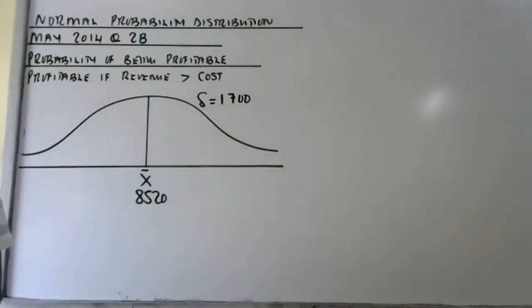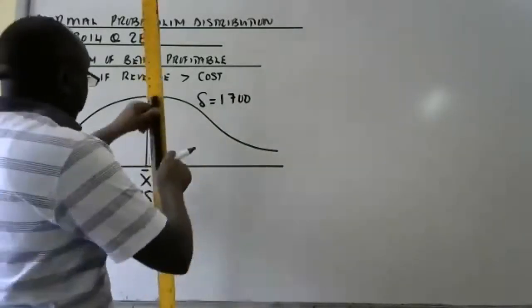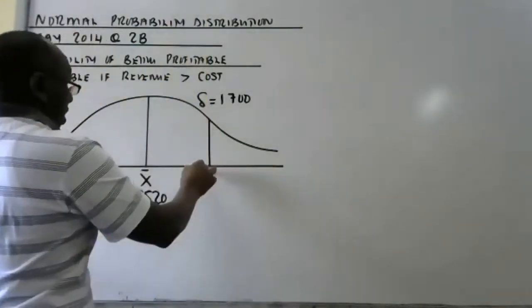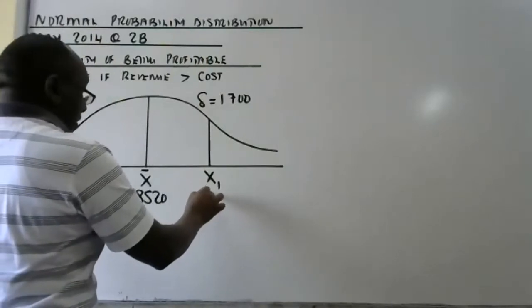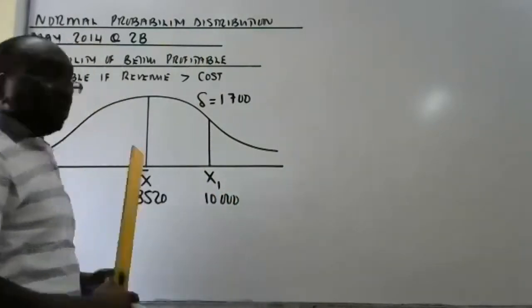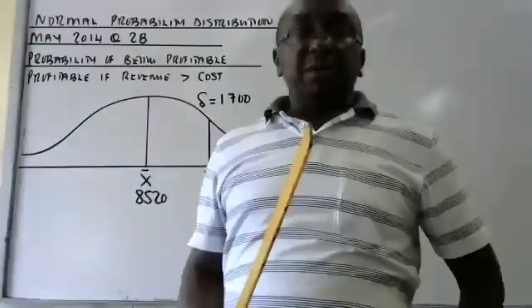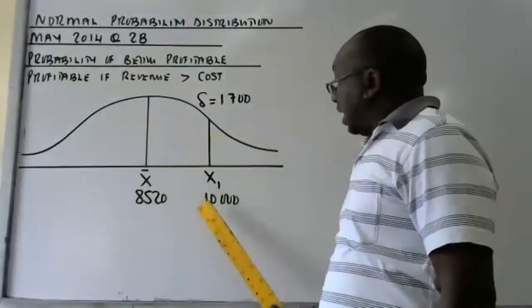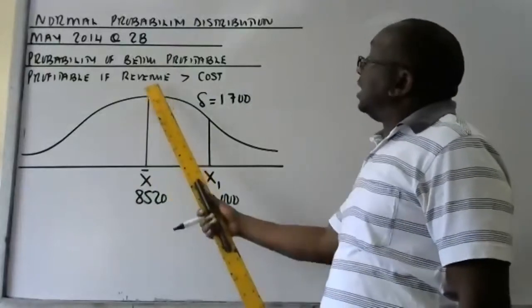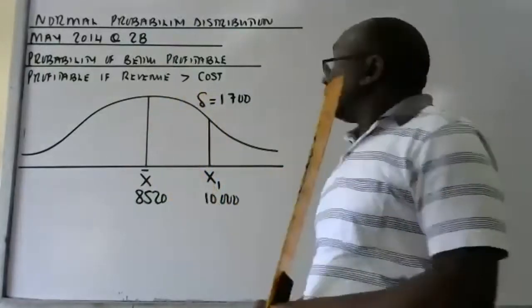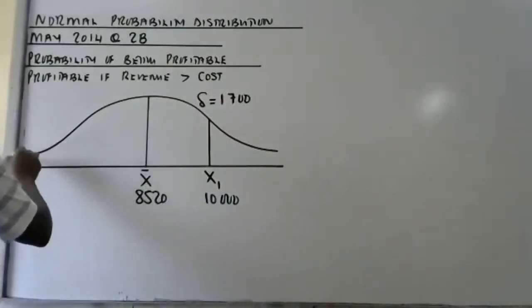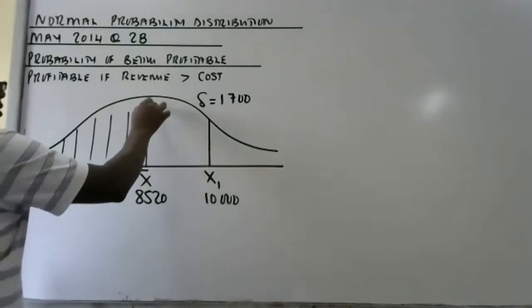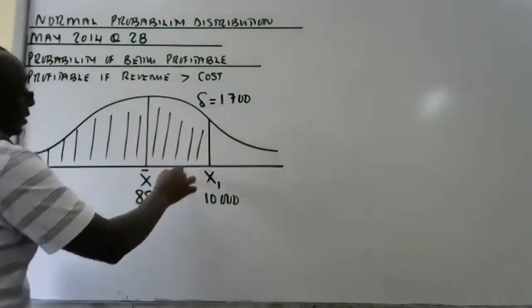And the revenue, we are told, is 10 million. So this one is called X1, which is 10,000 here. So this project will be profitable as long as the costs are less than 10 million, so that the revenue will be bigger than the cost. That means the area that we are interested in is the whole of this.